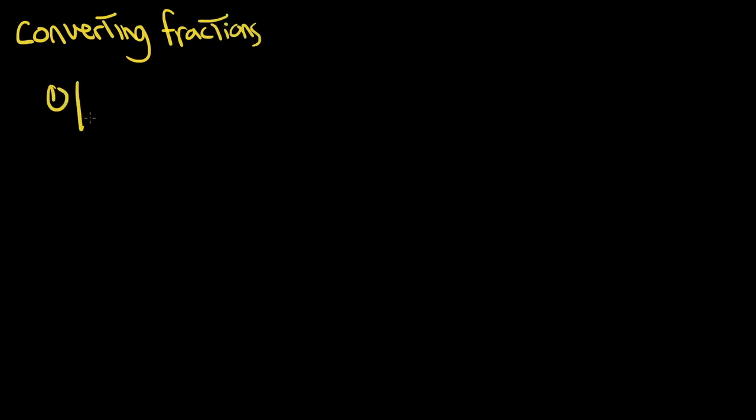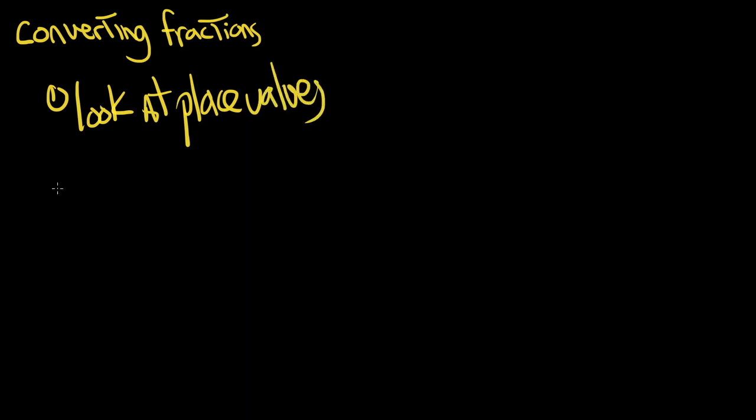Converting fractions. So one of the things that typically shows up in rational units is converting fractions. So again, some top tips. Number 1, look at place value. Really important that you know your place values.